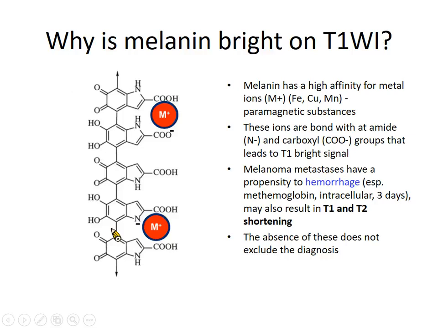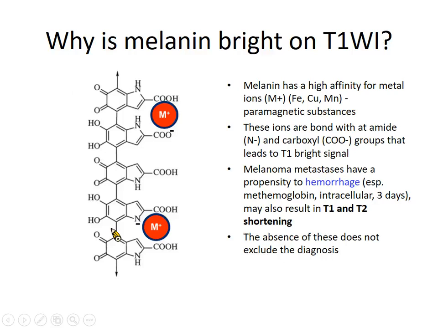Why is melanin bright on T1? Because melanin has a high affinity for metallic ions like iron, copper, and magnesium. All these are paramagnetic substances, and these ions are bound to a very complex group that leads to T1 brightening. Melanoma metastases also have a propensity to hemorrhage.